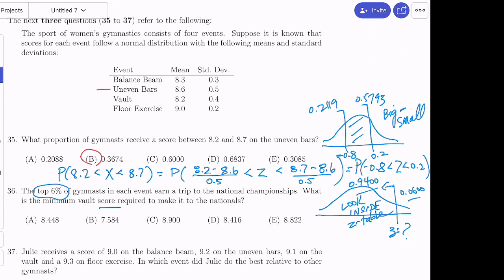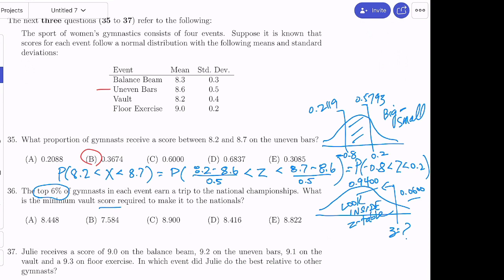So when you go to 0.94, do I need to show the table, or you guys know how to do this?